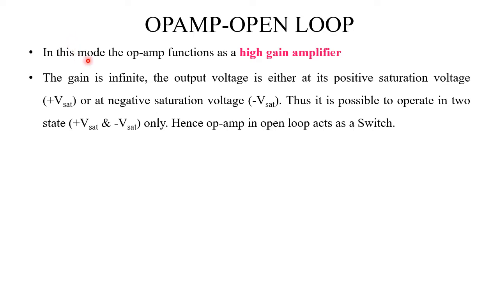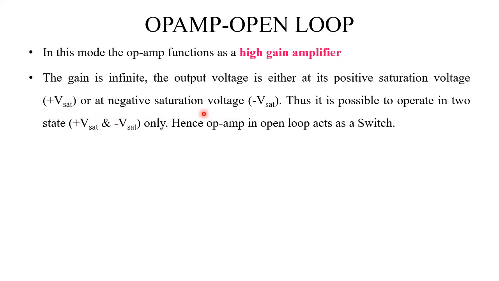In open loop configuration, the operational amplifier has very high gain, so the gain will be infinite. Because of its high gain, the output voltage is either at its positive saturation voltage or at the negative saturation voltage.